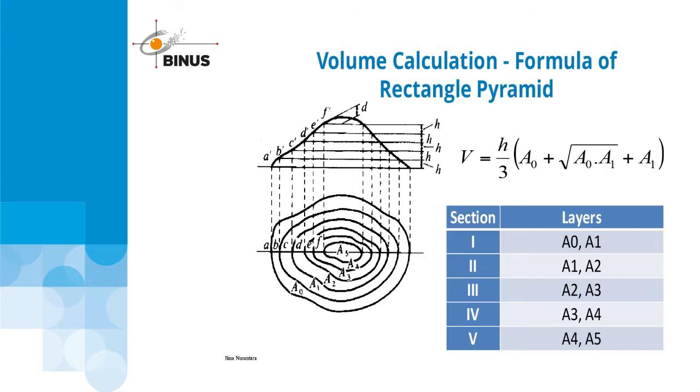Section 3, using the areas A2 and A3. Section 4, using the areas A3 and A4. Section 5, using the areas A4 and A5. The total volume will then be calculated by adding the volumes of section 1 until section 5.